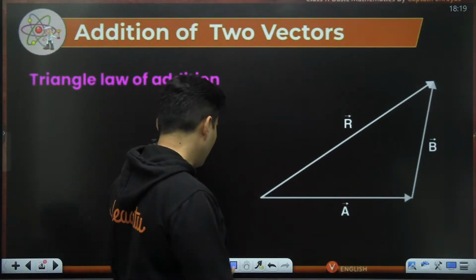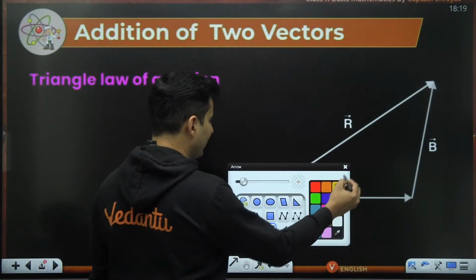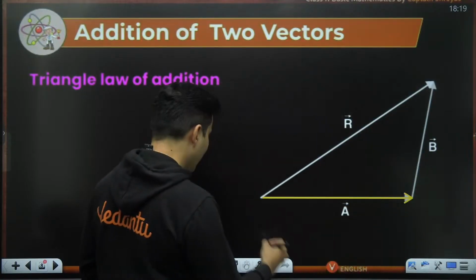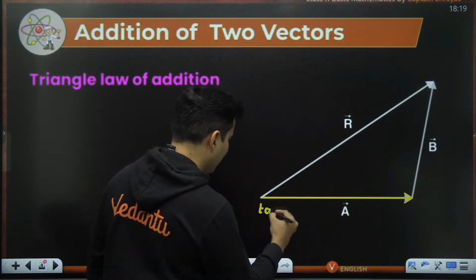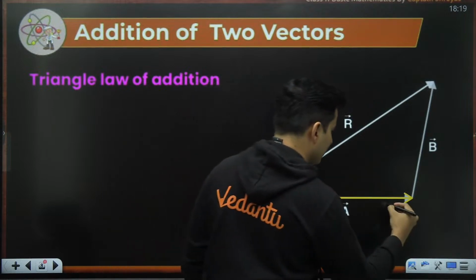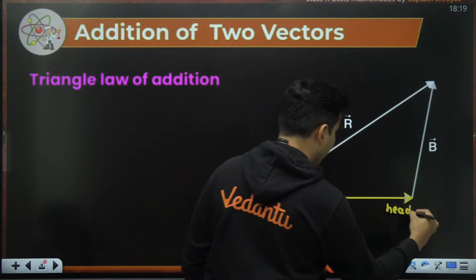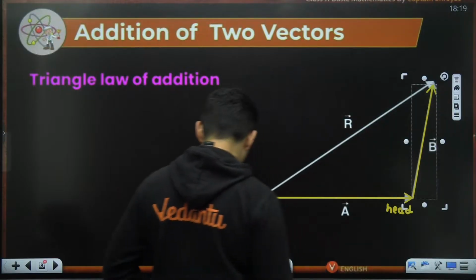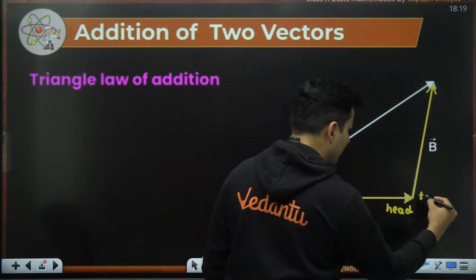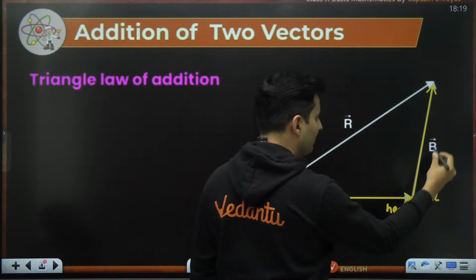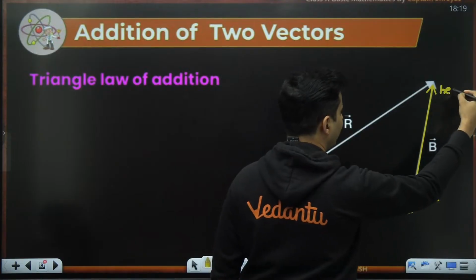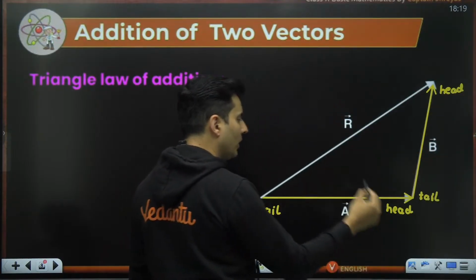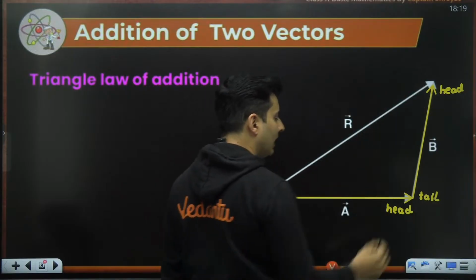But notice how these things work: the vectors being added have to be placed such that this is the tail and this is the head of vector A. Then the other vector will start from here. That means the tail of vector B will be here and the head of vector B will be here. So it should go in correct order, tail to head.